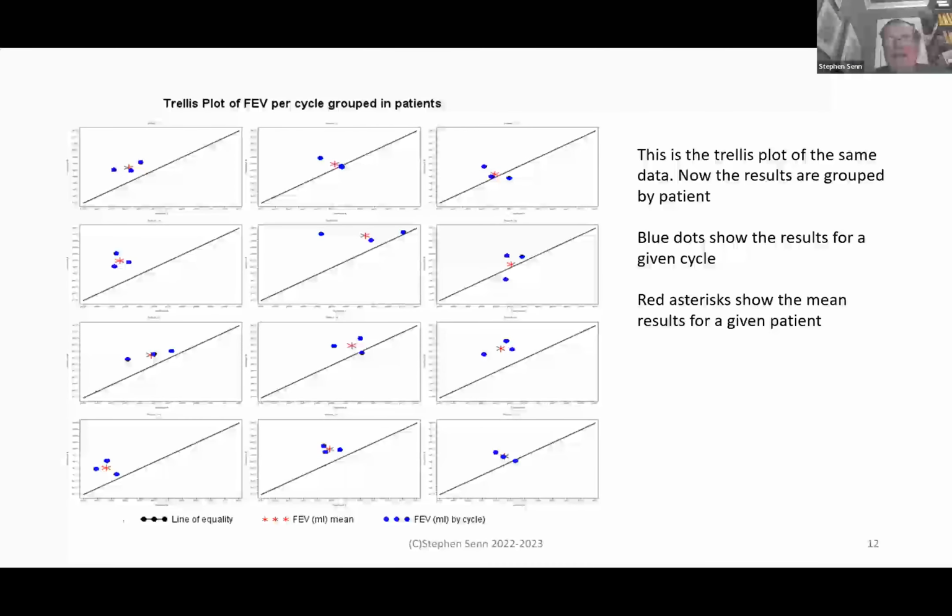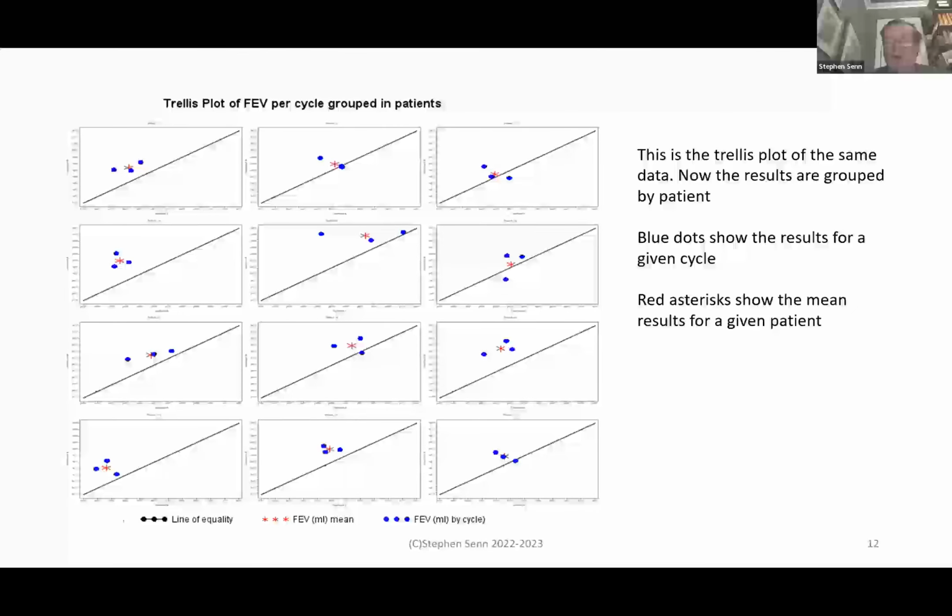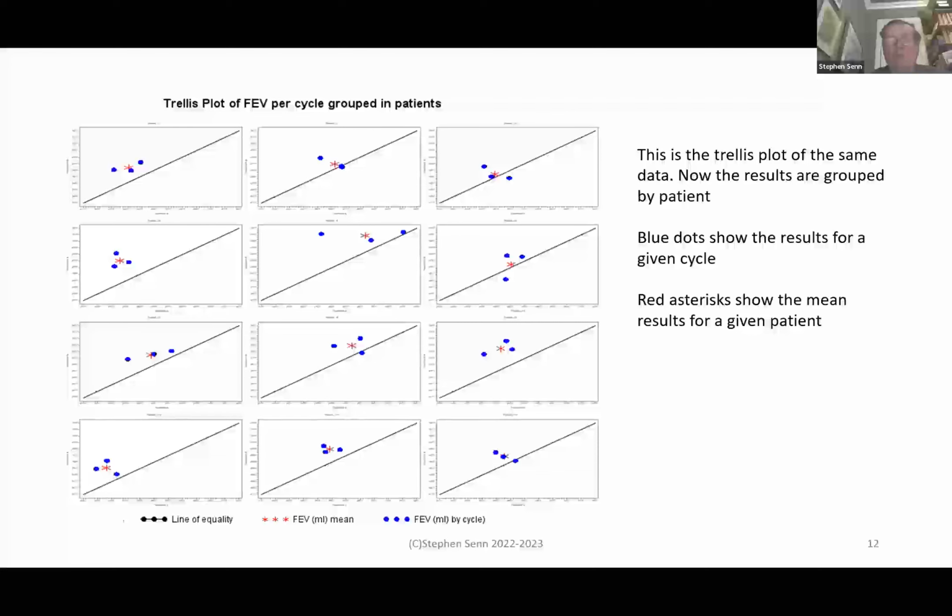And the red asterisk is simply the average for that particular patient. We can see here, by the way, that although some of the blue dots are below the line of equality, in actual fact, what we have is that the asterisks are always above, albeit sometimes very close to, the line of equality.